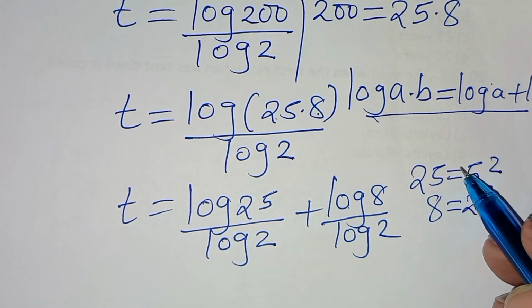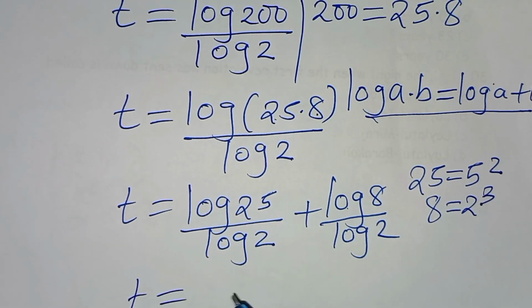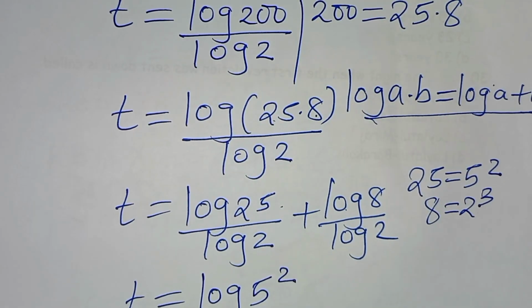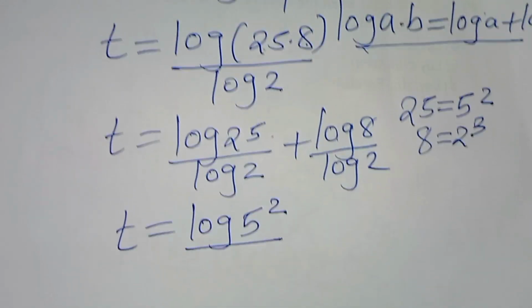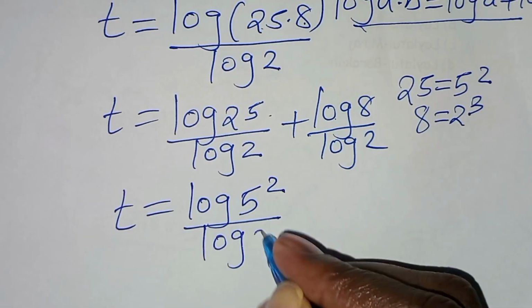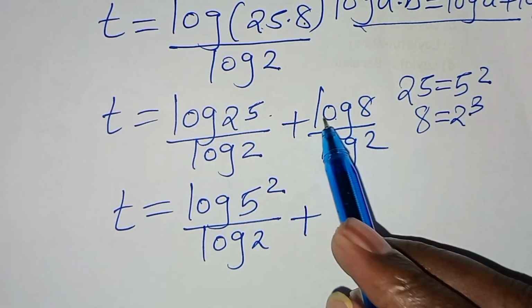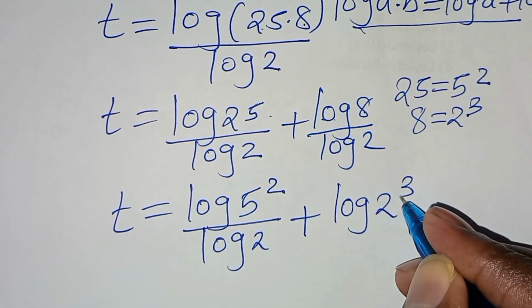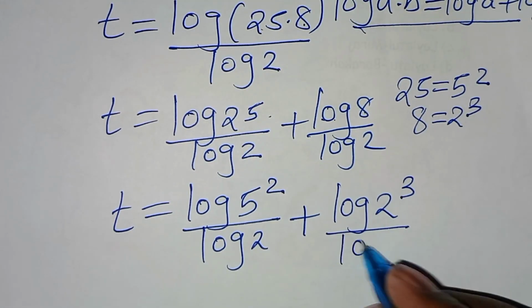So let's substitute this. So t is equal to log 25, which is 5 to the power 2, divided by log 2, plus log 8, which is basically equal to log 2 to the power 3, divided by log 2.